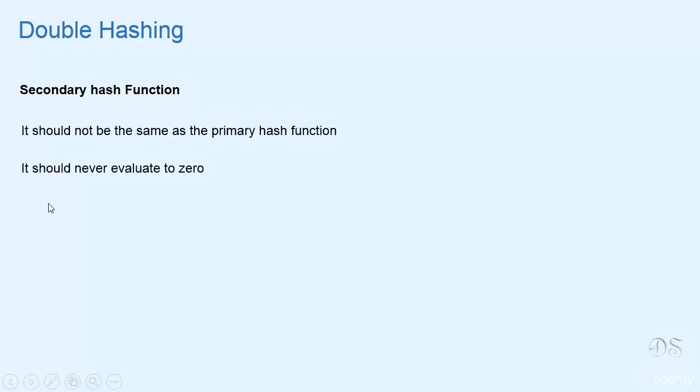If it evaluates to 0, then the probe sequence will always remain at the initial hash address. This is the formula for calculating the probe sequences. Now here, if this value is 0, then we'll be stuck at this hash address only.